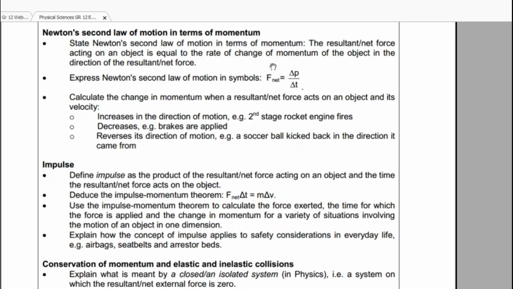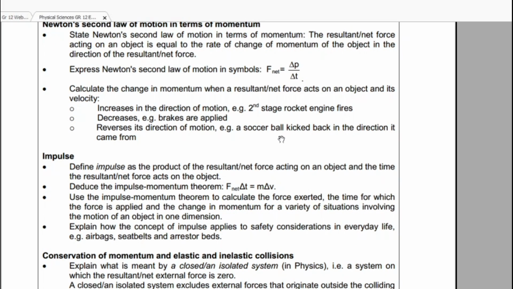So this one is a difficult one to understand, right? If you have a force acting on an object and you know the time that the force acts on an object, then you can calculate impulse, which is equal to change in momentum, right? We will get it as time goes on when we do examples or questions, right?